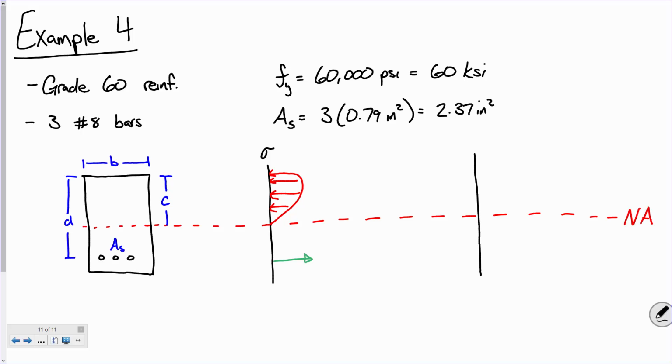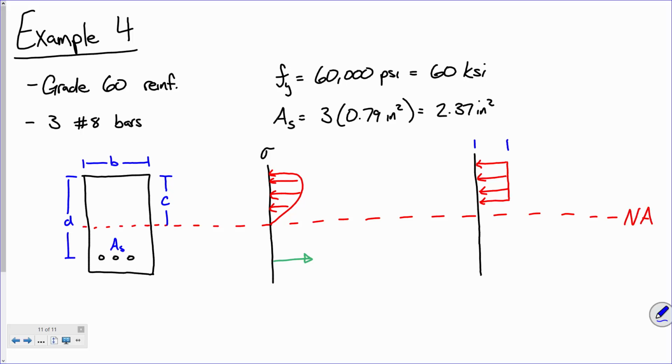All right, so what's the real stress distribution look like? Again, I am converting that nonlinear curve into an effective rectangular distribution. You all follow with me?